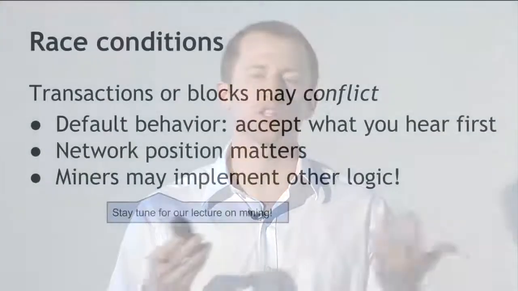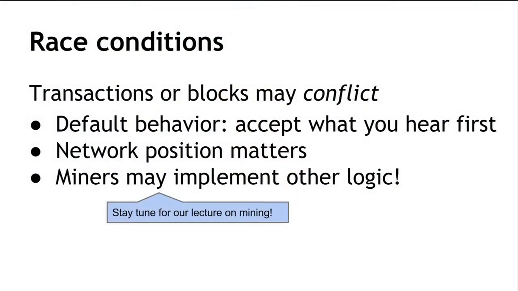So every node is free to do whatever logic they want. If any node wants to, they can choose to implement any other logic for choosing which blocks or which transactions to forward. We'll talk about that more in our lecture on mining, why miners might want to implement some different logic other than the default.